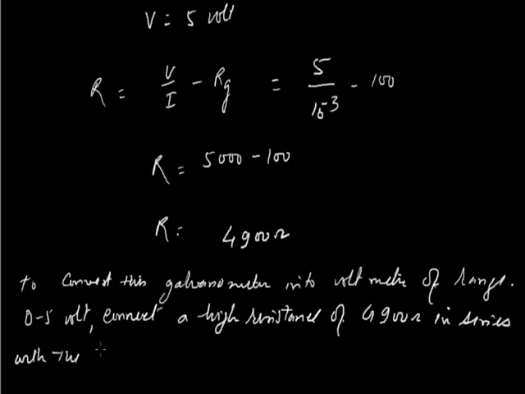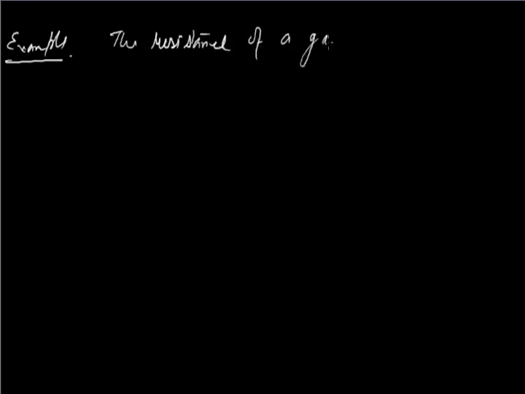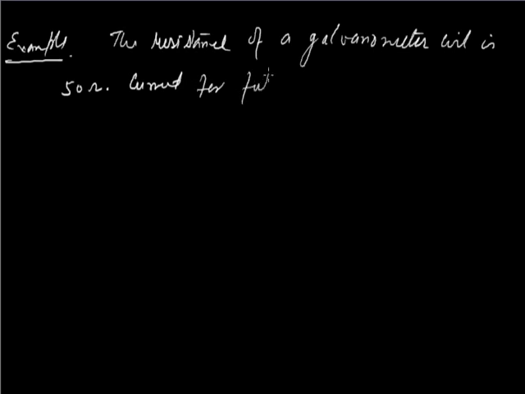with the coil of the galvanometer. One more example based on the conversion of a galvanometer to an ammeter and voltmeter. The resistance of a galvanometer coil is 50 ohm. The current for full scale deflection is 10 raised to the power minus 3 ampere.